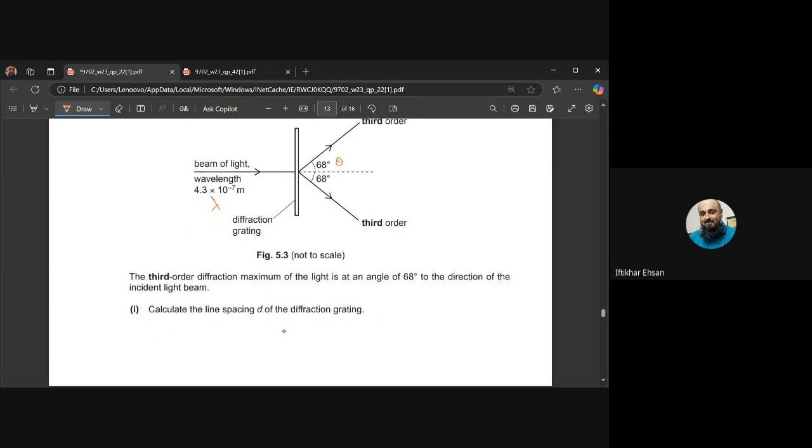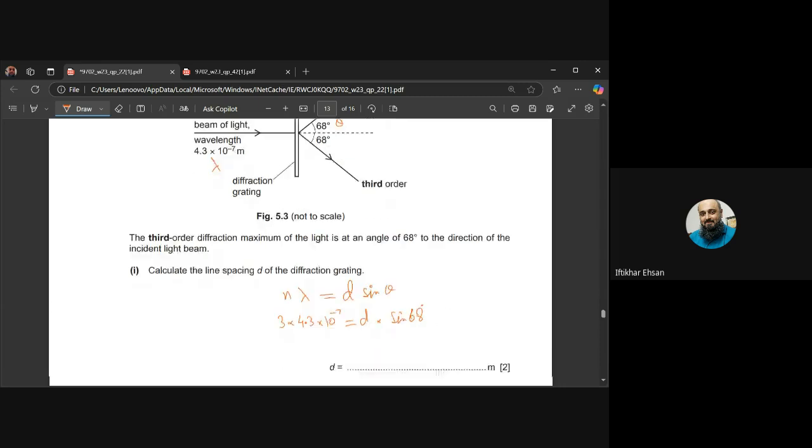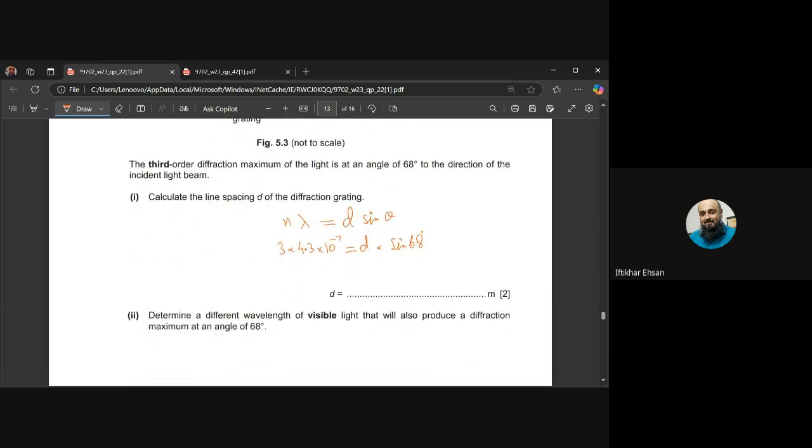You know the formula n lambda is equal to d sine theta, and all the values are given. n is 3, wavelength is 4.3 × 10^-7, d we have to find, and theta is 68 degrees. Right, beta? I hope you can find it.